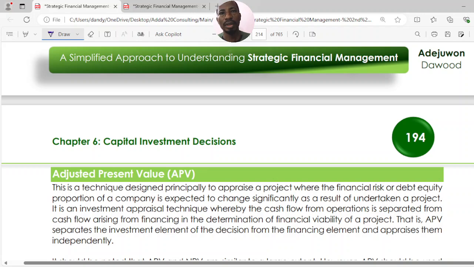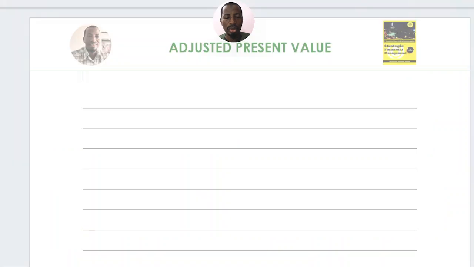Therefore, how do you calculate adjusted present value? Let me switch to the working notes to explain.